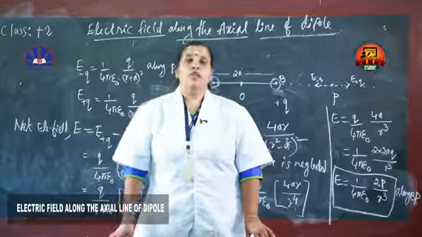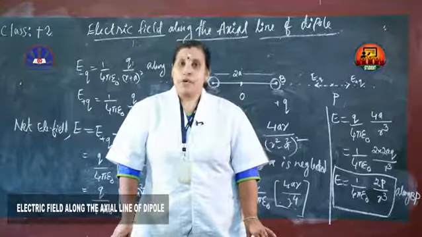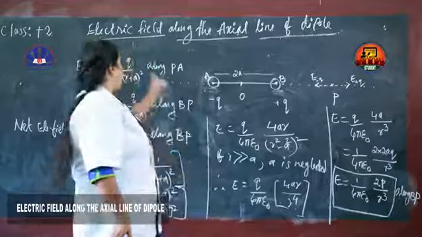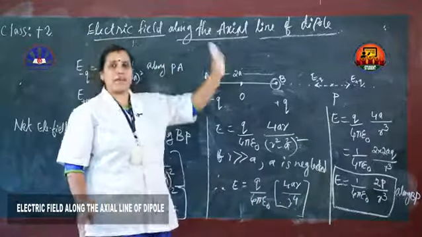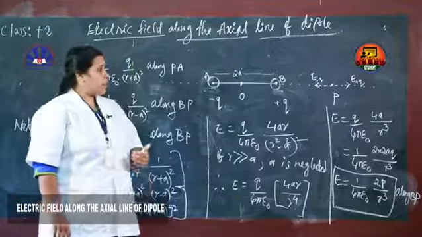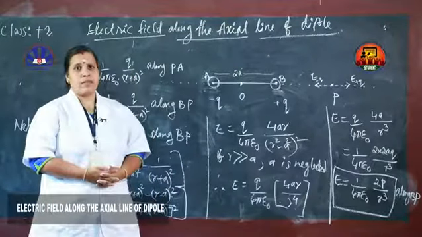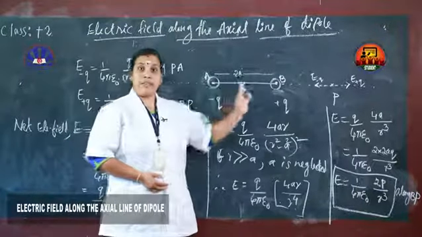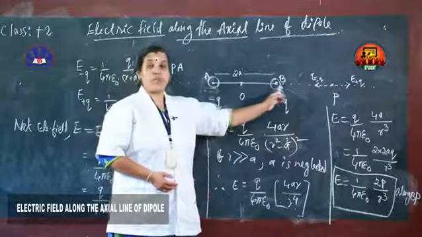The first part is we are going to calculate the electric field along the axial line of the dipole. Before that, what do you mean by axial line? Axis means the line which is passing through the center of the charges.